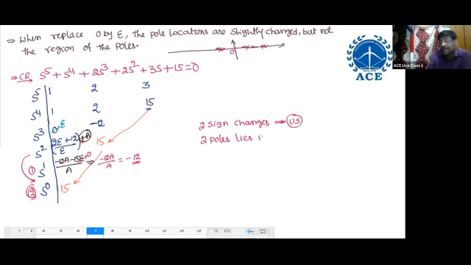Total is a fifth order system, so the remaining 3 poles lie in the left of S plane. Very good.